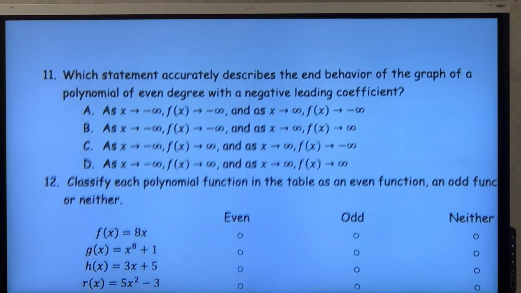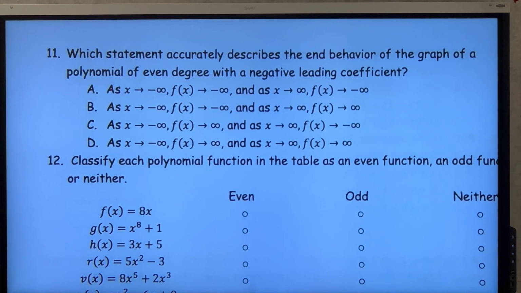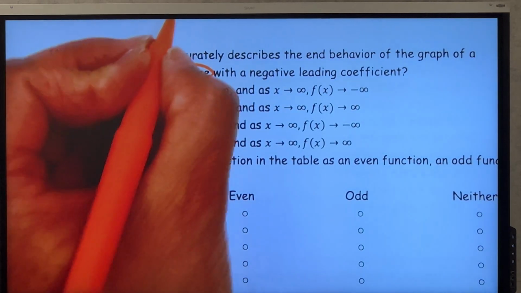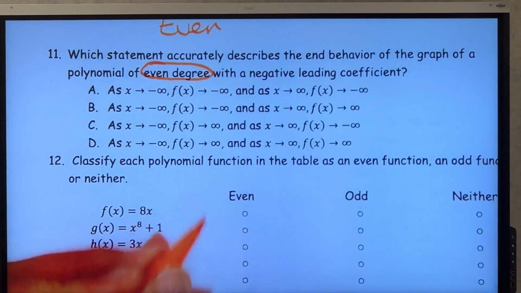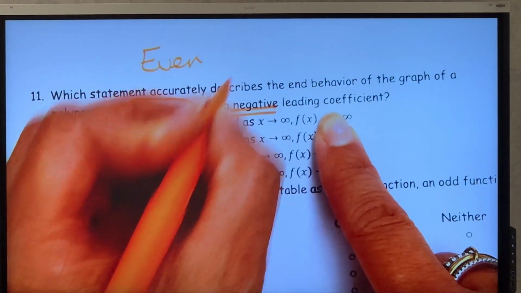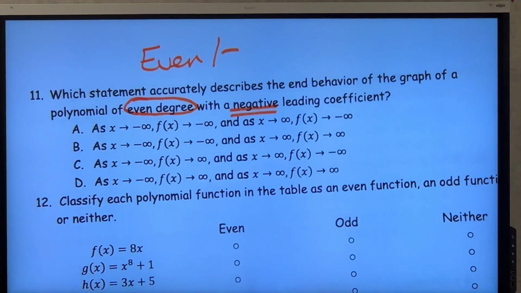Number 11, end behavior. It says, which statement accurately describes the end behavior of the graph of a polynomial of even degree, okay, so we know it's even, and with a negative leading coefficient. So it's an even negative. So even degrees have the end behaviors going in the same direction.